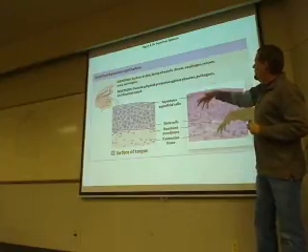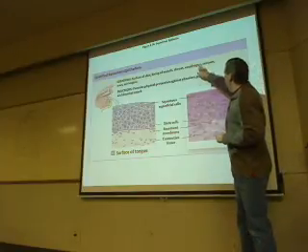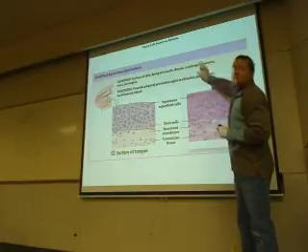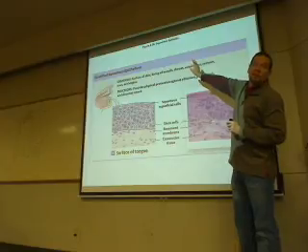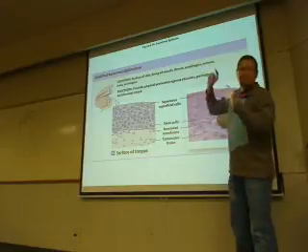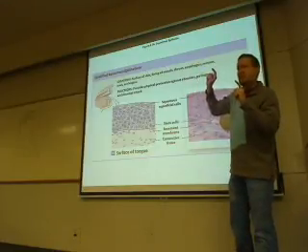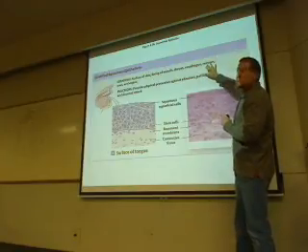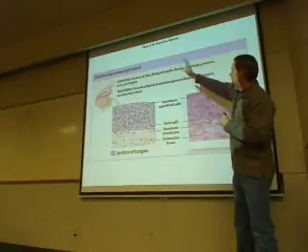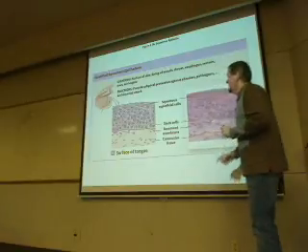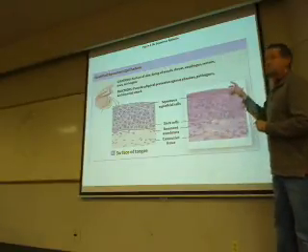Then we go down through the rest of our GI tract, which is simple columnar. And then we get to where the friction starts again, and we're back to stratified squamous epithelium: rectum, anus, and, not part of the GI tract at all, the vagina, because there's a lot of friction there also. All right, does that make sense?